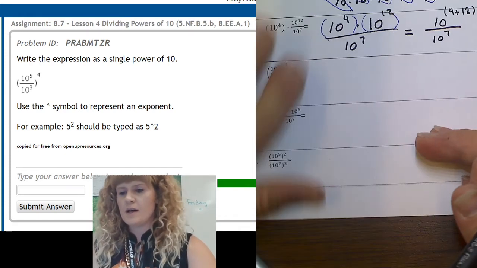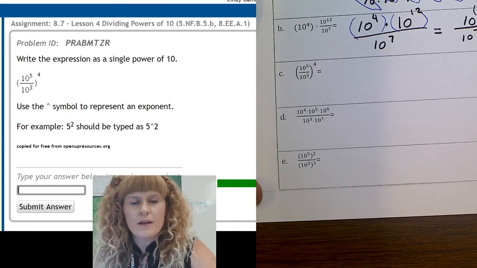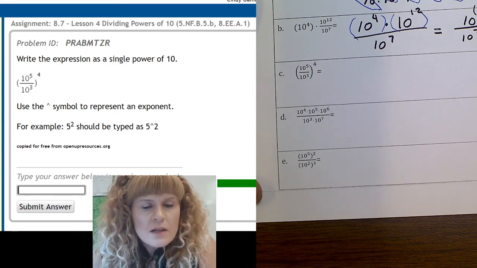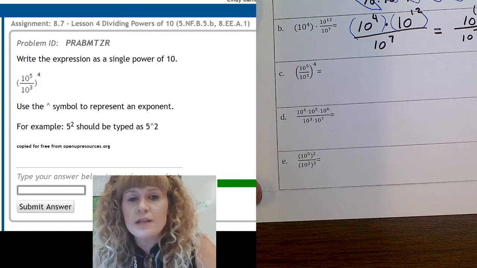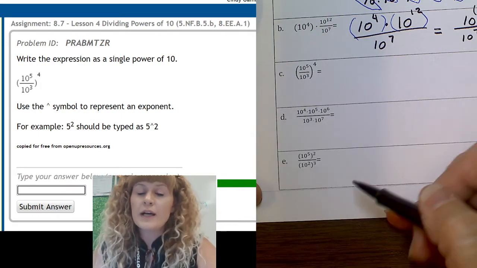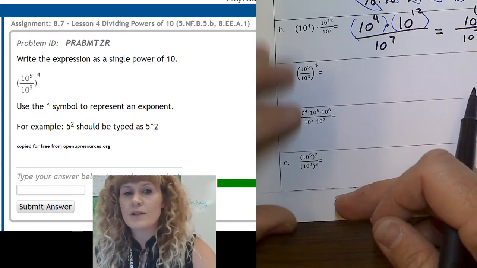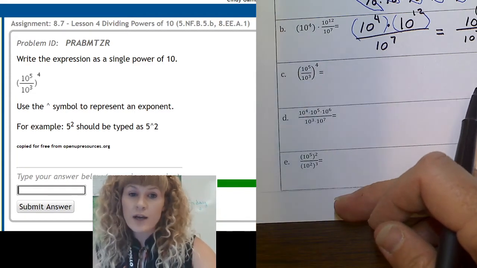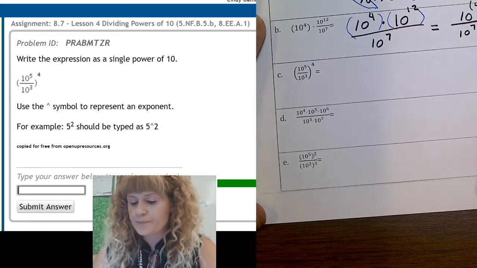Oh, this one is complicated, isn't it? Look what we have here. We have powers of 10 being divided and then raised up to the next power. You're going to have to use the quotient rule and the power to the power rule. I taught you the power to the power rule in the last assignment.